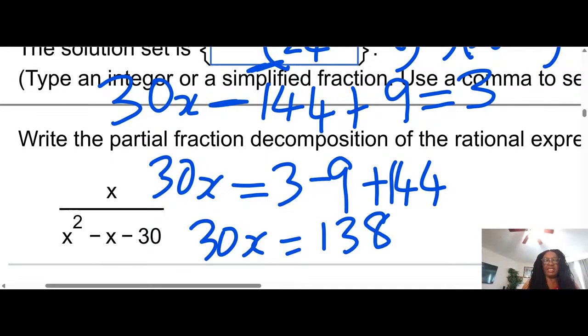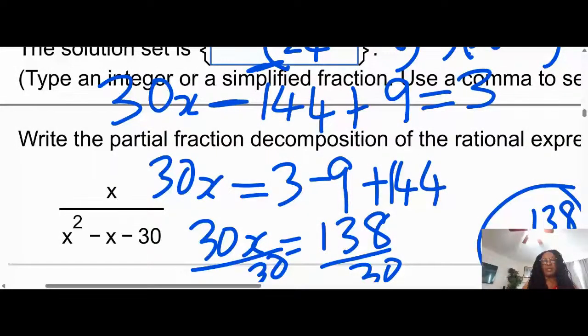And divide both sides by 30. So that we are now going to have x is equal to 138 over 30. Find the final value of x.